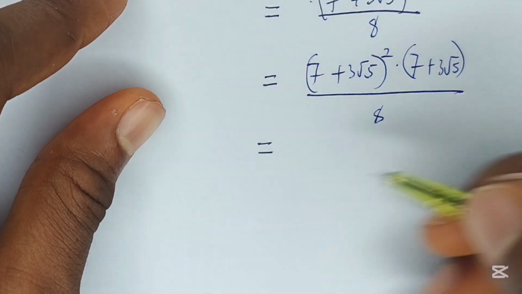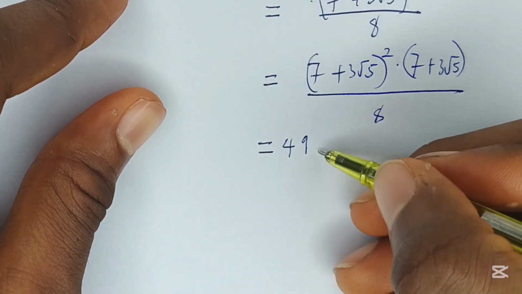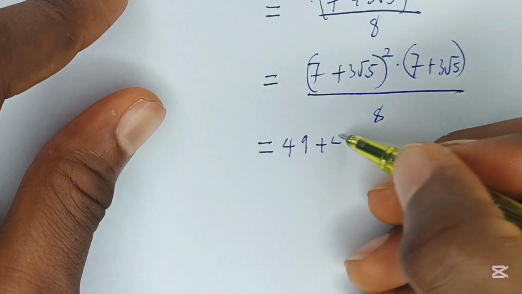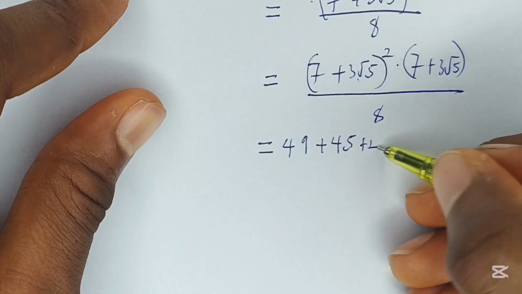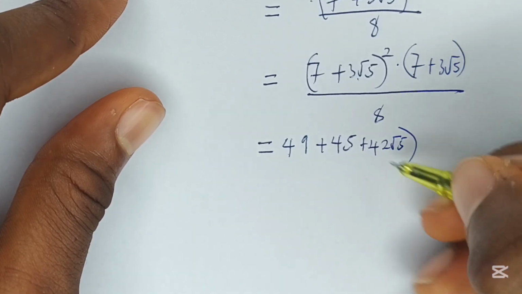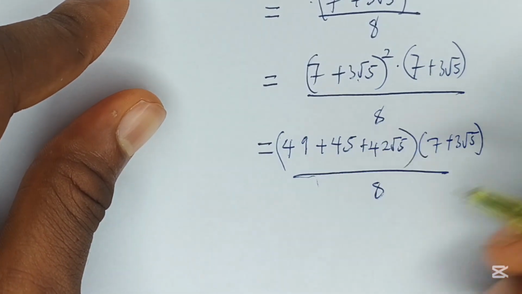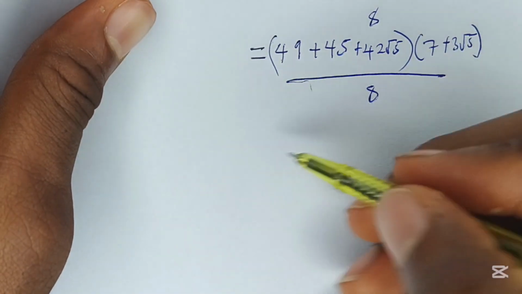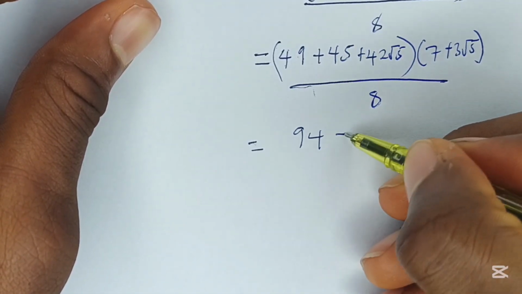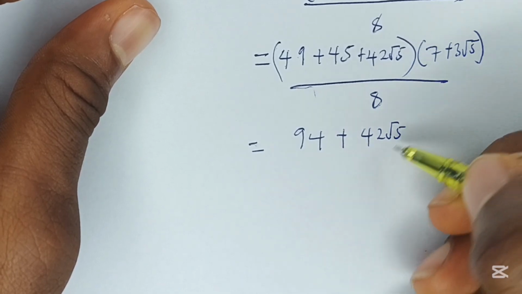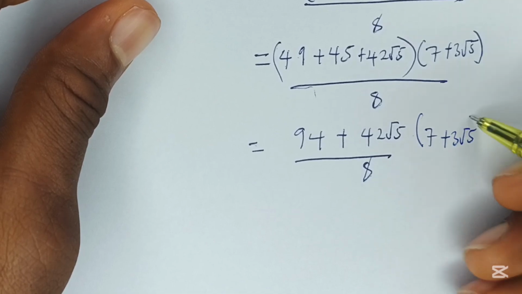This is now equal to 7 squared is 49, 3 root 5 squared is 45, 7 times 3 root 5 times 2 is 42 root 5, multiplied by (7 plus 3 root 5), all over 8. Now this becomes equal to 49 plus 45 is 94, plus 42 root 5, all over 8 multiplied by (7 plus 3 root 5).